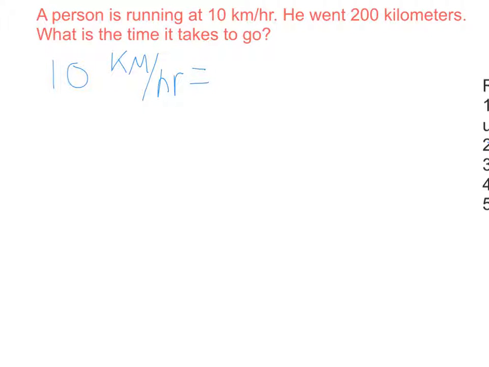So I'm going to write 200 kilometers equals, and then I'm going to write my equation over here. S is equal to D over T.